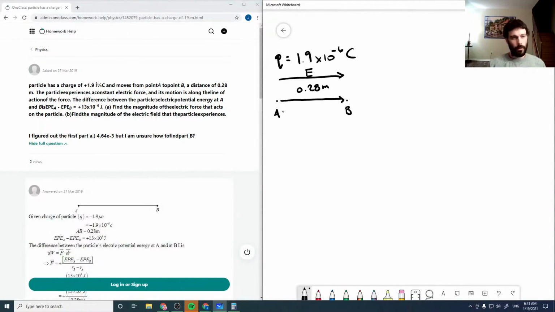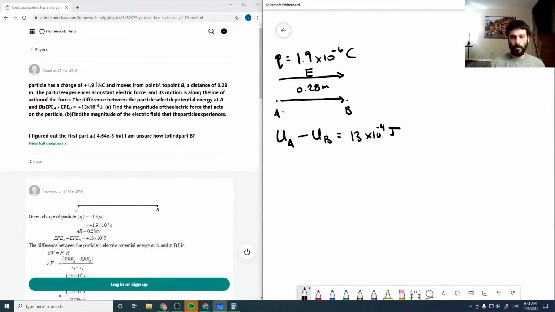And then we're given that UA minus UB is 13 times 10 to the minus 4 joules. And then we're asked to find the magnitude of the electric force.